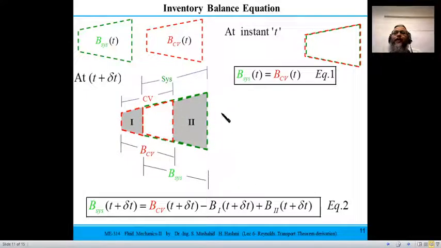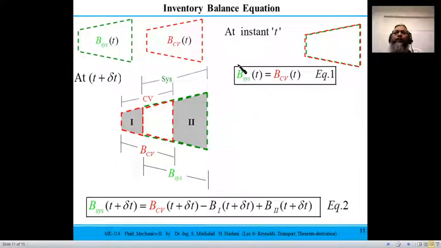So this is after delta t. Mathematically we can write it by this equation. If you understand this, it is merely an inventory equation, because some mass is coming in, some mass is leaving, and the region of interest remains the same. The next step is just manipulation of these two equations.